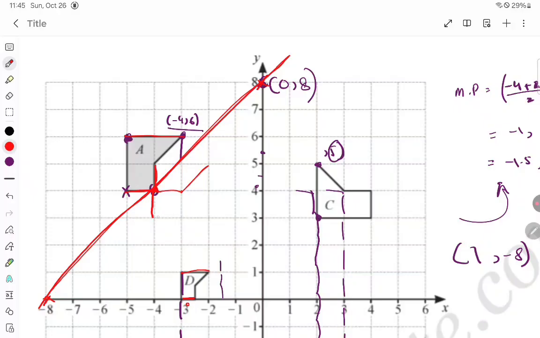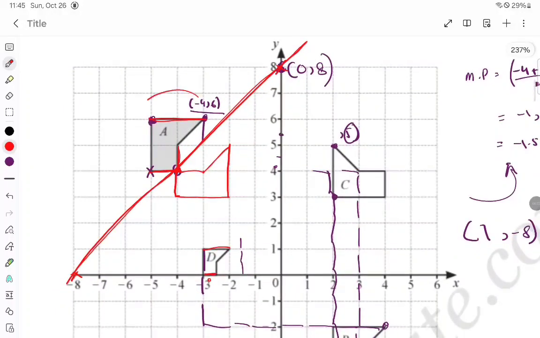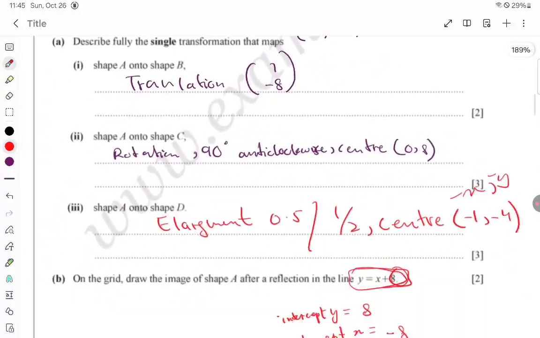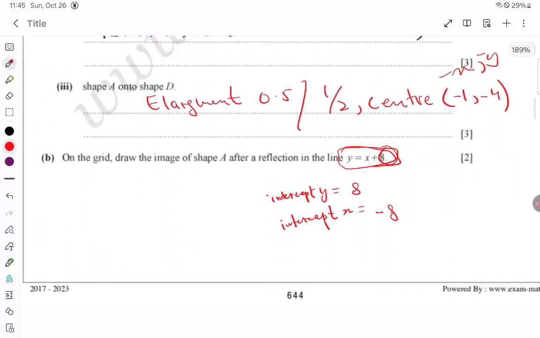Simply, this is of 2 units and join the line. So this is the mirroring of the diagram A on the opposite side, which you have to draw.